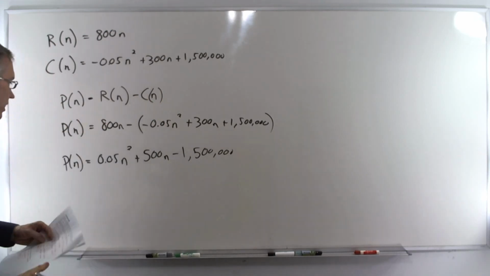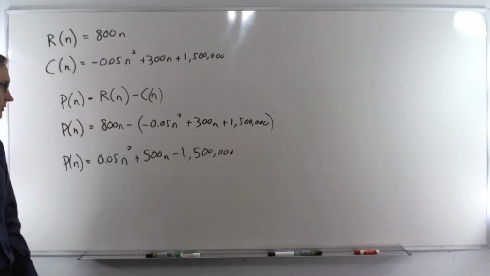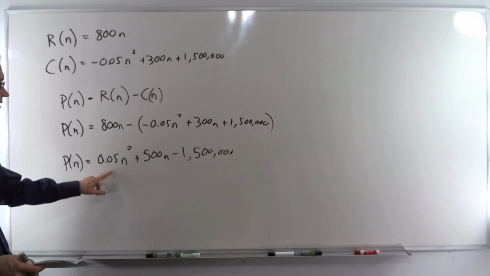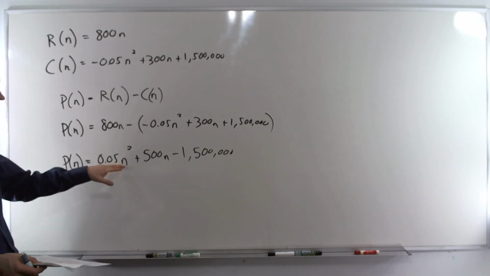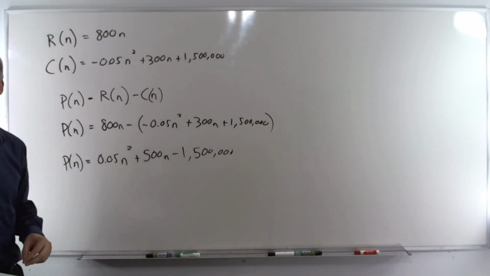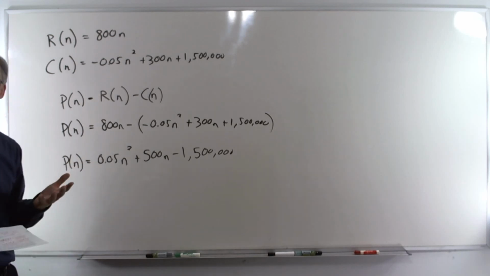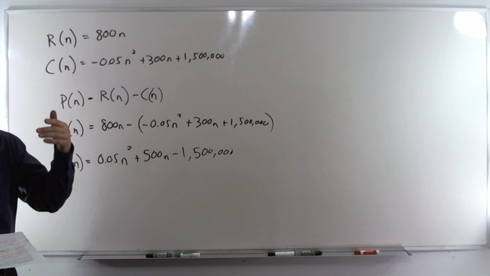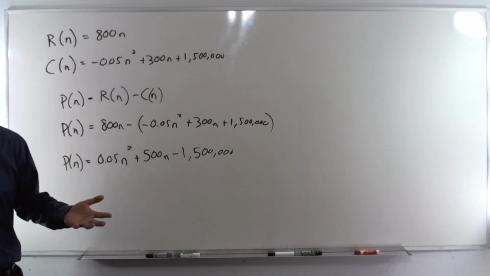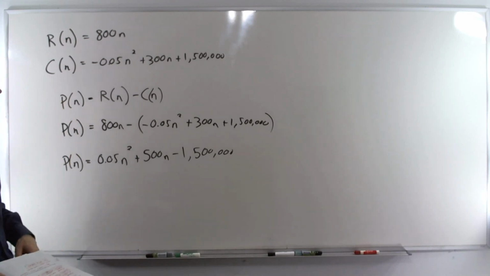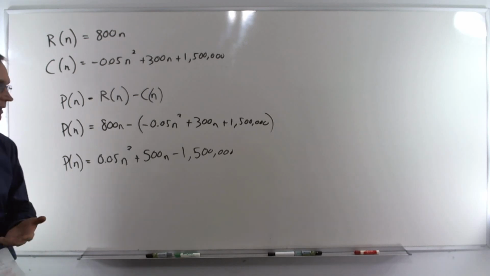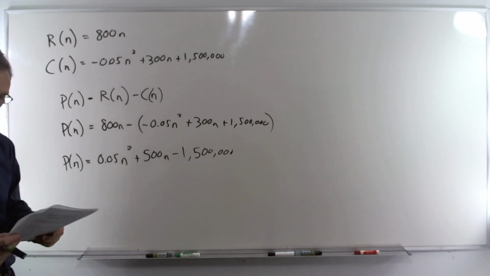Right, so then we got this equation here for profit. And now we can tell how much profit the company is projected to make based on how many they sell. So an equation like this is often used to say, okay, how many do we need to sell before we're actually making money? Because if you just sell a few units, you're losing money. And so then they go out and they try to project how many they can sell and decide whether or not they want to make the product.